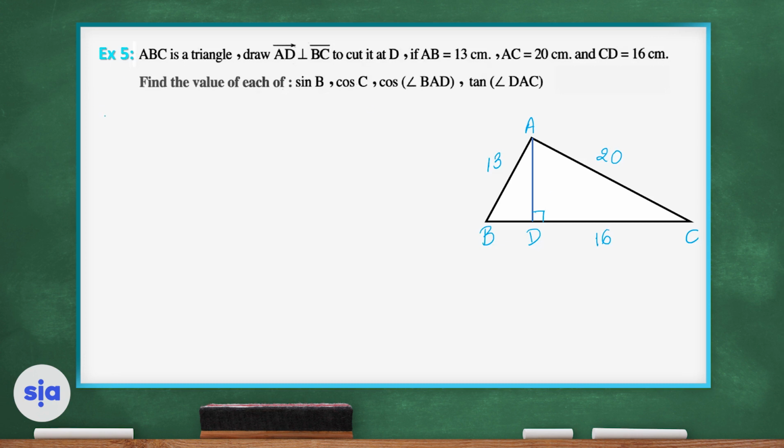So let's now find AD, which equals the square root of 20 squared minus 16 squared, which is 12 centimeters, where BD equals, Pythagorean theorem as well, 13 squared minus 12 squared, which is 5 centimeters. So now you can easily go and find all the requirements.